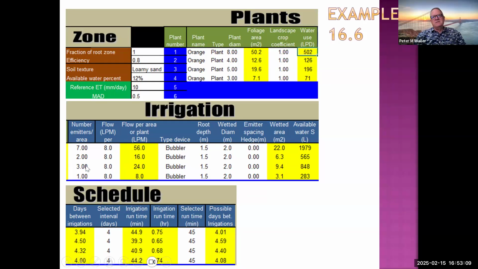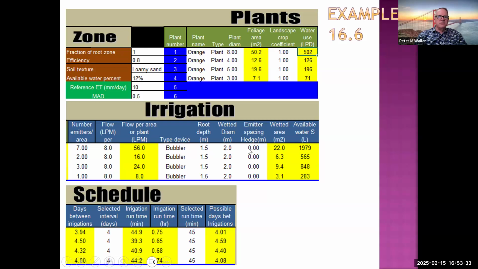What I did previously is figure out that if this is 7 and this is 2, the 4-meter plant, and the 5-meter plant has 3 bubblers and the 3-meter plant has 1 bubbler, then you get a pretty much representative flow rate considering the water use requirements.